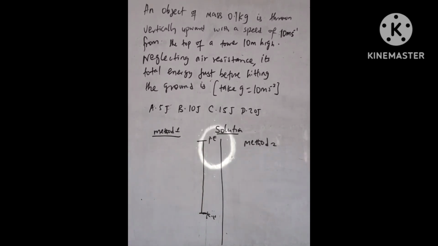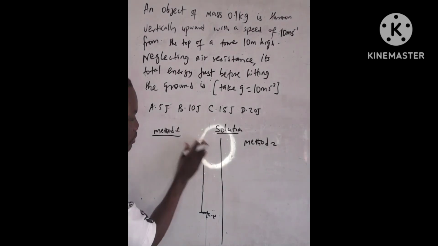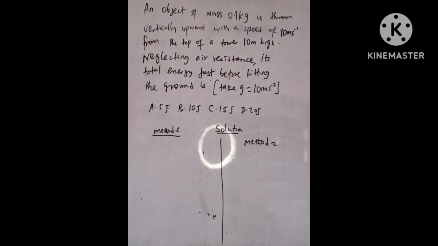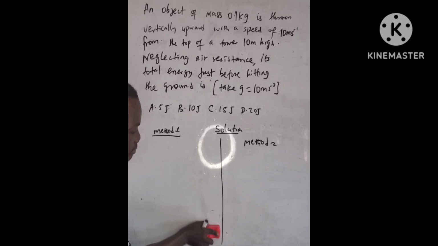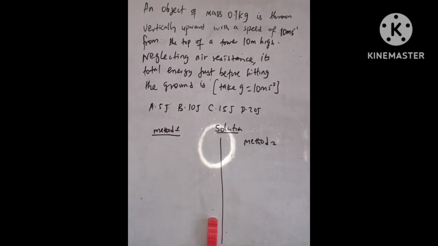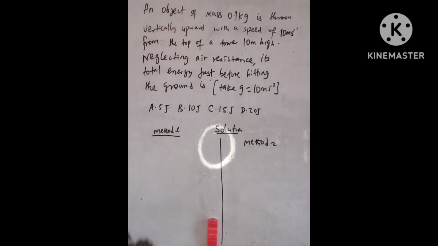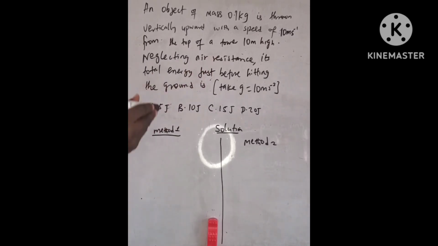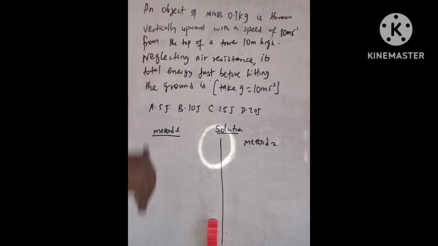So to get the potential energy at its maximum height, we need to get the maximum height first, because when you throw it from a tower, it needs to get to a certain height before it will start falling down.